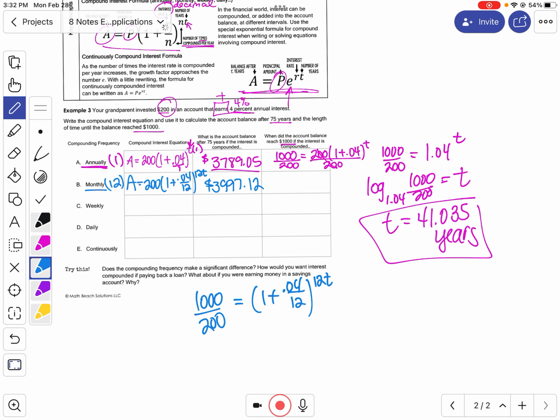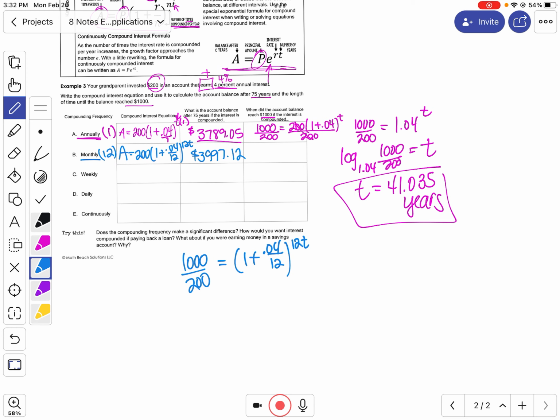We already found this number. Now we're looking at the 1,000, so I divided by 200 at the beginning. And then this decimal is 1.0033 repeating, to the 12t.